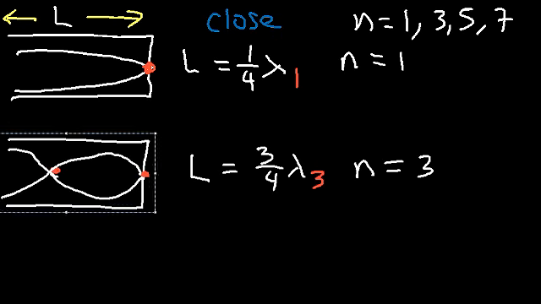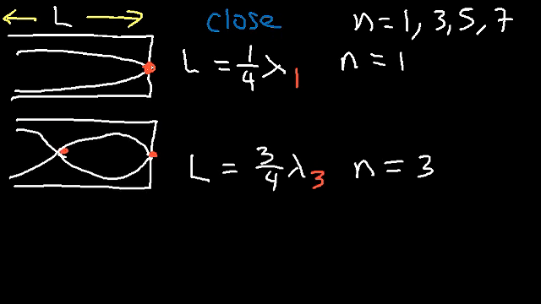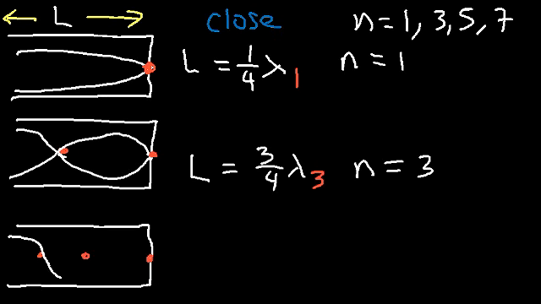So now let's draw the next one. The next one is going to have 3 nodes. And we're still going to have an antinode at the end. So it's going to look like that. Keep in mind, each loop represents 1/2 of a wavelength.